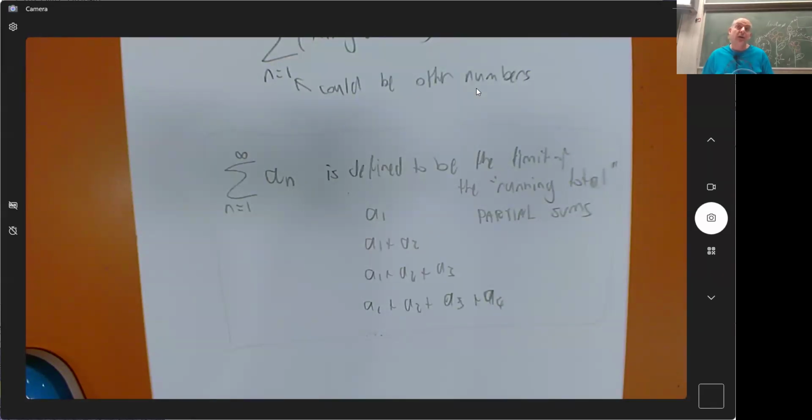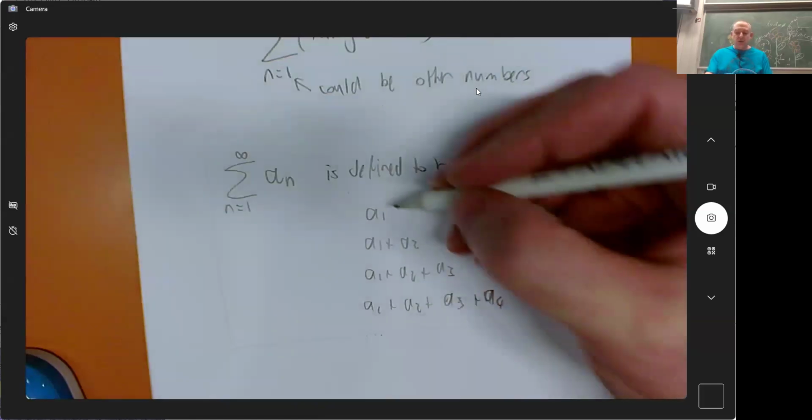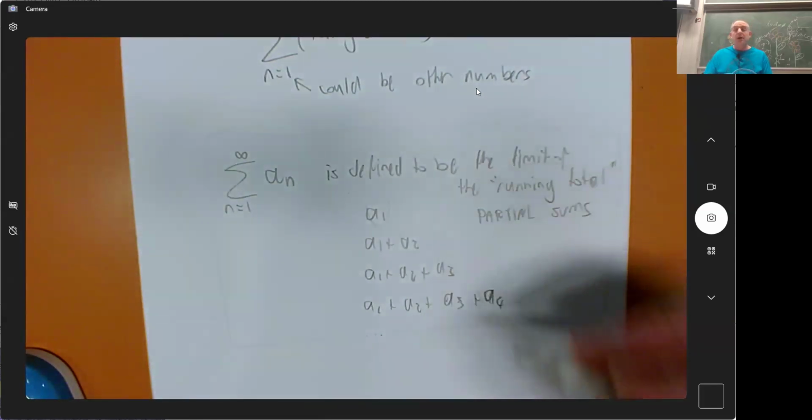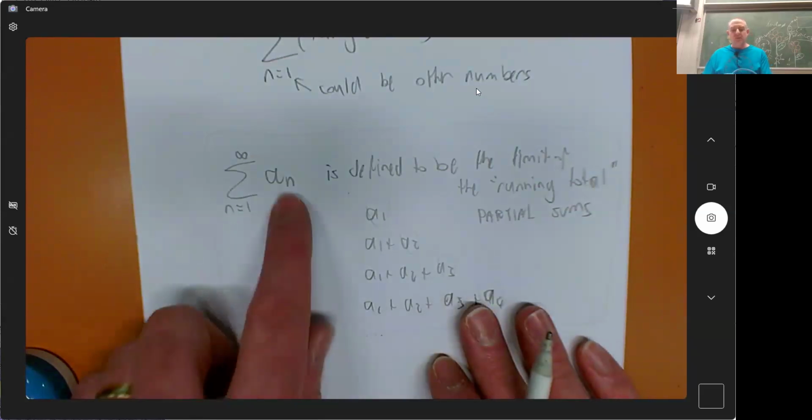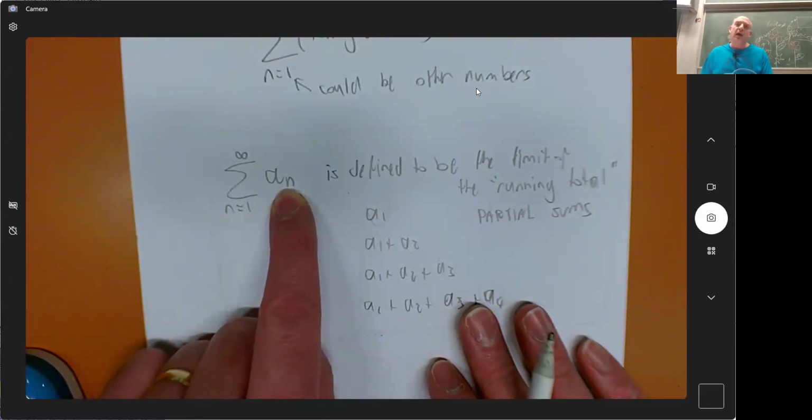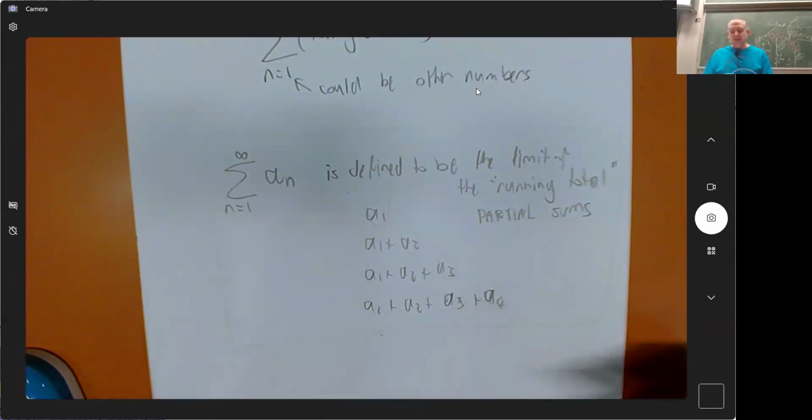It'll just take a little longer. So if these individual things don't get smaller as you go along, it won't work. So there are many, many things that you can imagine putting in this spot that will not add up to anything.